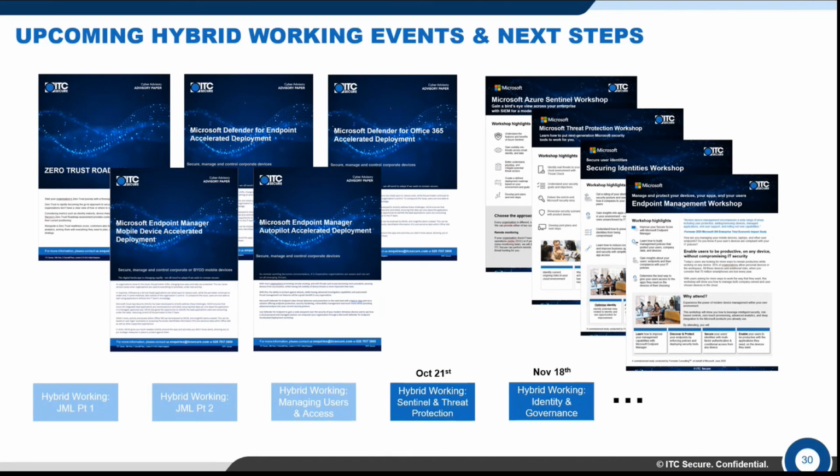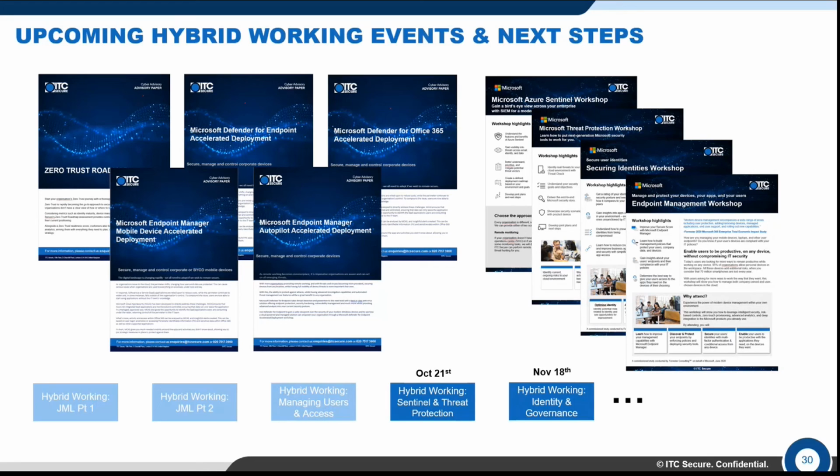And just a little reminder, this is the third in the series of hybrid working webinars that we've done. The first two were around identity and that JML, Joiners, Movers and Leavers piece. We've got the recordings of those, and as part of the email follow-up, we'll send you the recording of this session. We'll also send you a copy of the slides, and the links to all the other recordings.